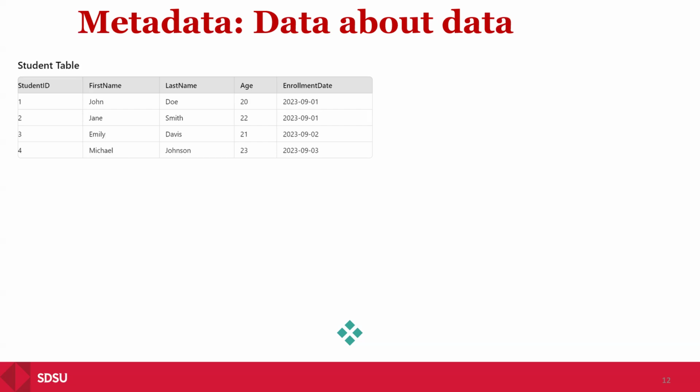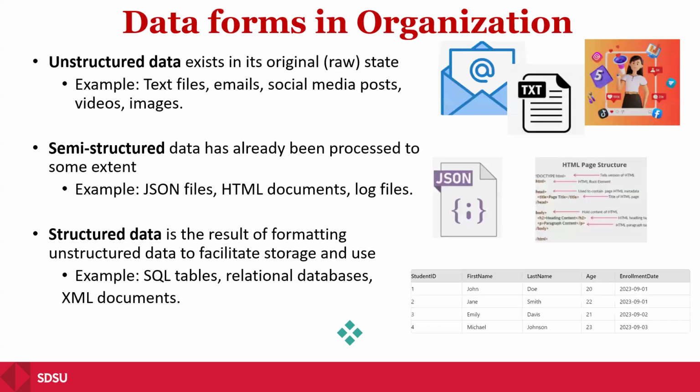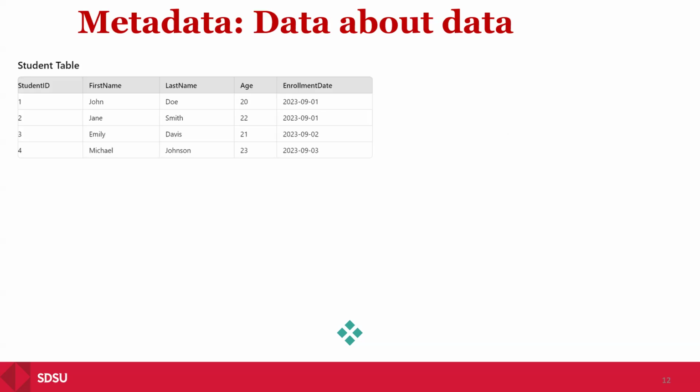Pause the video. Think for a second. All right, I hope you answered structured, because that's what we just learned. Structured data, you can see on the bottom, it says SQL tables. So we can see a student table here, which is structured data. It stores student information: student ID, first name, last name, age, enrollment date.